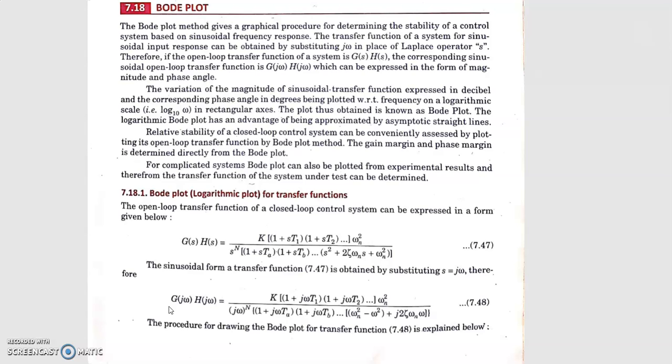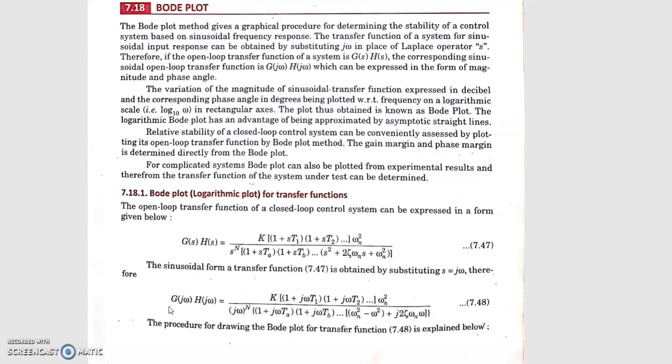Clear? The Bode plot is basically a combination of two different plots. The first one is magnitude versus frequency, and the second is phase angle versus frequency. Combined, the two graphs are known as the Bode plot, and it is used to find out the stability criteria in control system engineering.